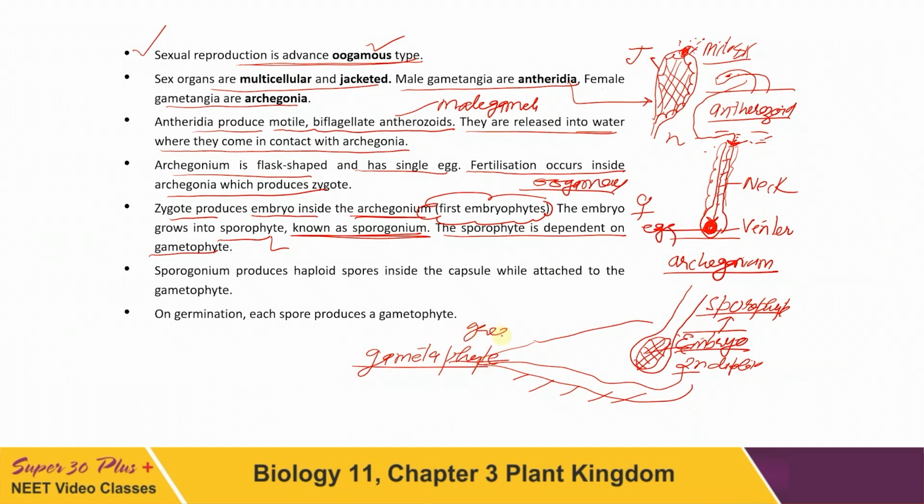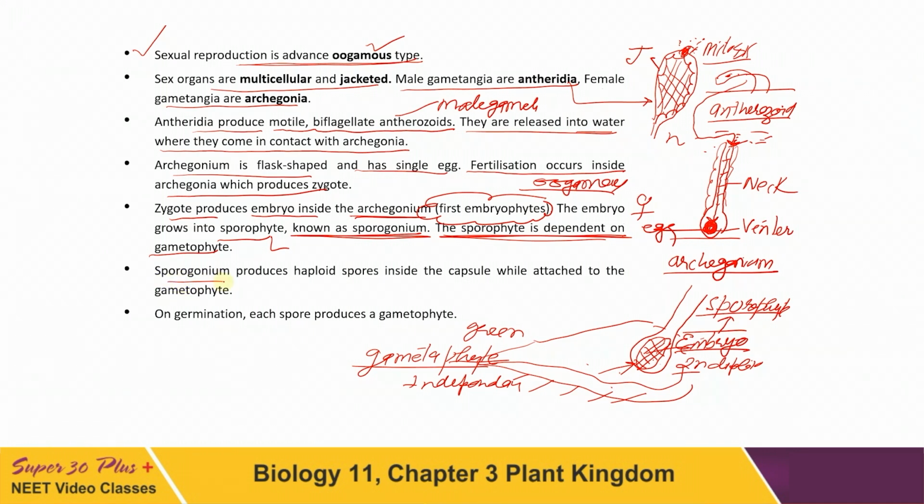This is green and independent. What about the sporophyte? The sporophyte is formed on the archegonium, that is on the gametophyte, and takes food from the gametophyte. The embryo also depends upon the gametophyte. Is it clear? So the sporophyte is dependent on the gametophyte. Very important statement: the dominating phase is the gametophyte. The sporophyte is a parasite on, or depends upon, it.